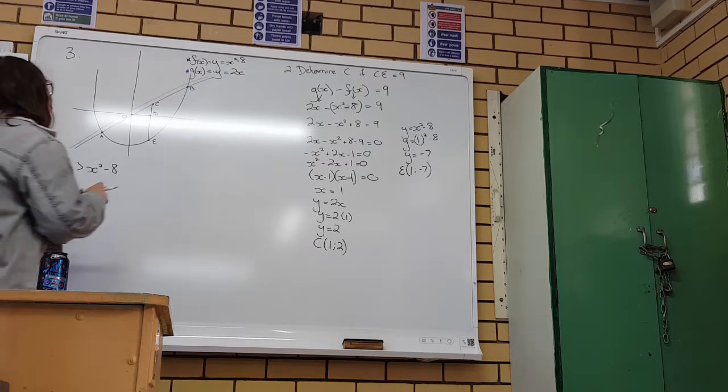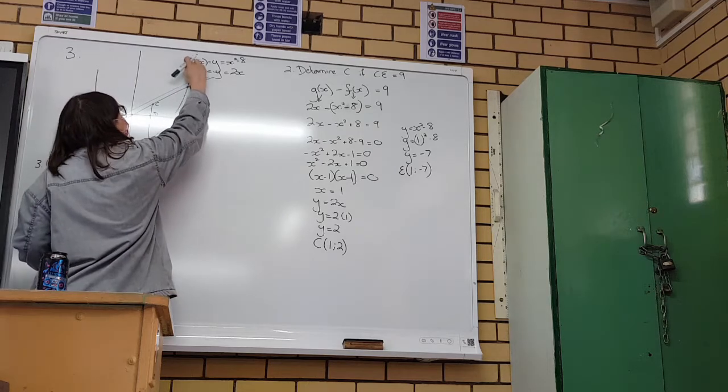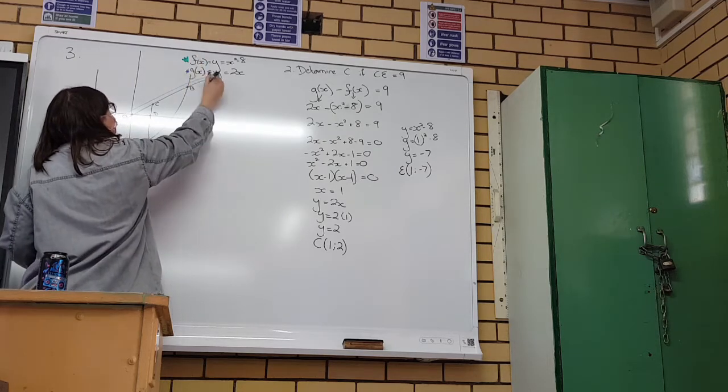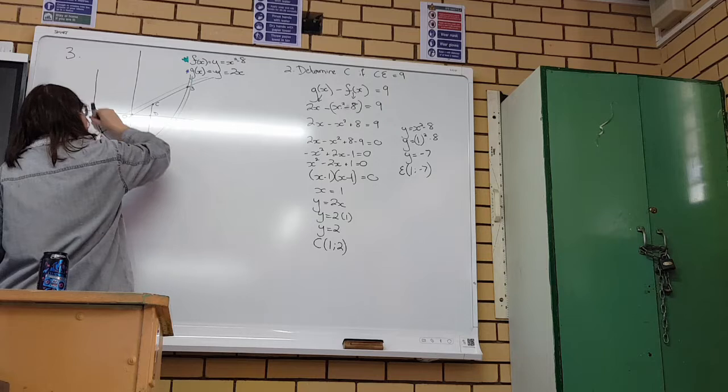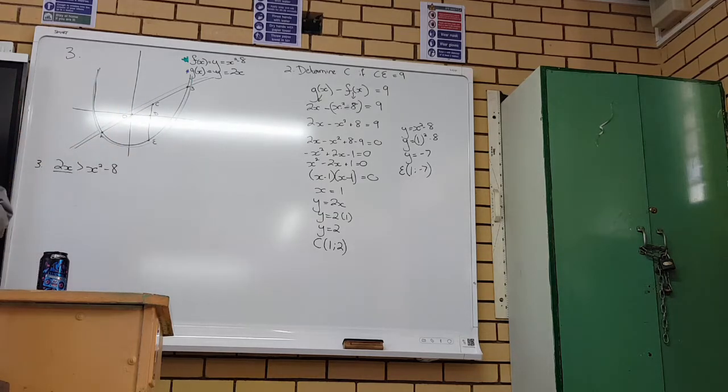My blue equation and my green equation. So here's my green equation. You see how you can do this in your test. You can highlight them so that you can tell which equation is which.